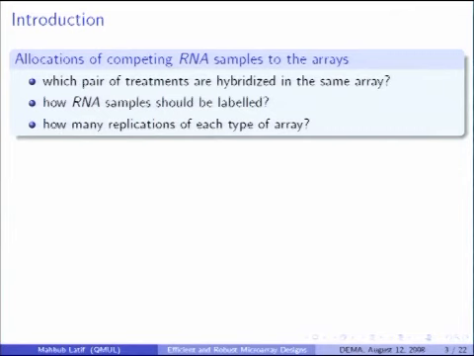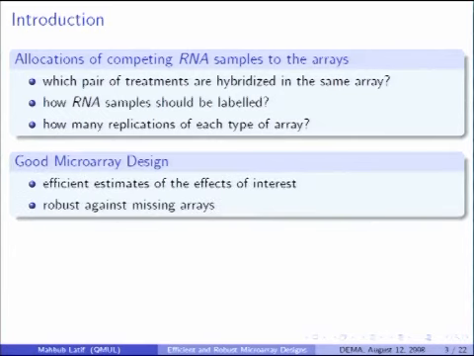And in allocating competing mRNA samples to the arrays, one needs to decide which pair of samples, which I will call treatments, should be hybridized on a single array, and what would be their ideal dye-level protocol. By a good microarray design, we mean a design which can estimate the effect of interest with high precision, and it is robust against missing observations. So in the presence of missing observations, the design will not break down.